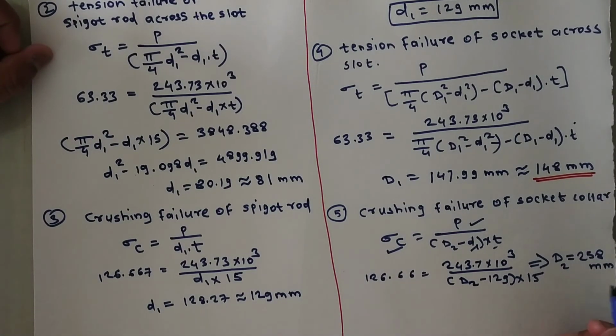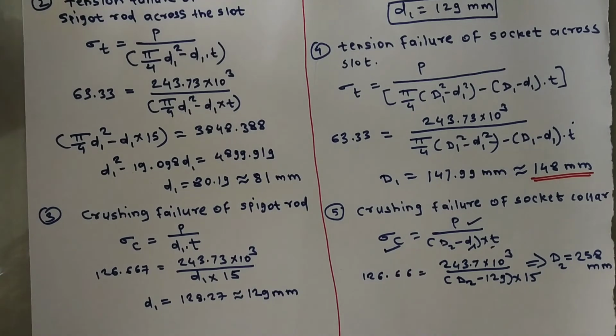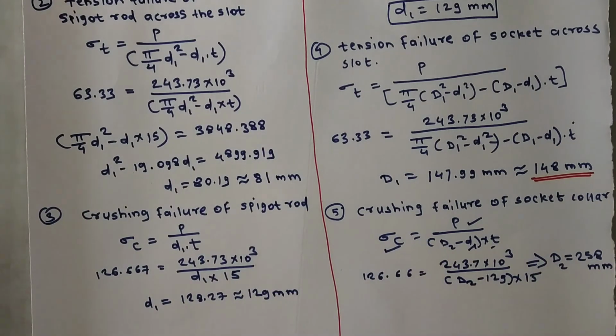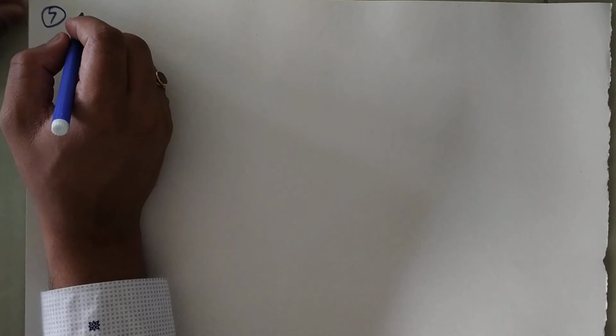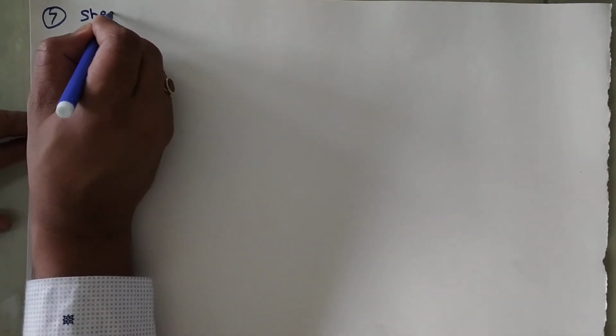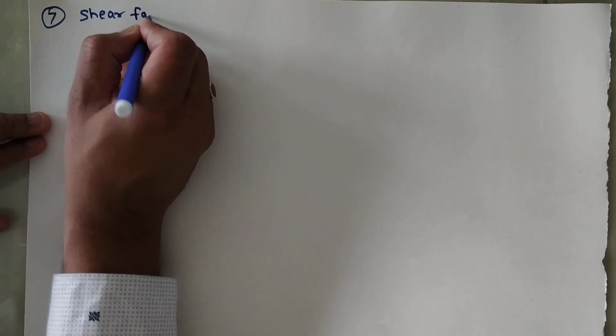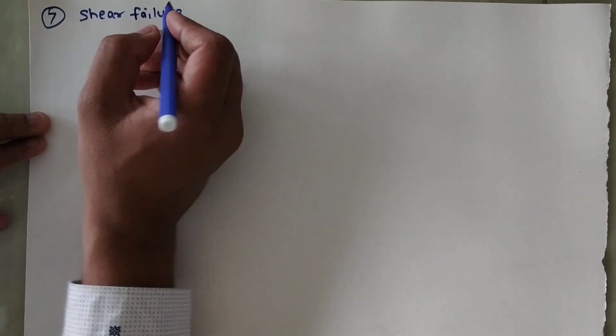Now the last step of this numerical is to find out the thickness of the socket collar beyond the slot. To find this, we will consider as our step 7 the shear failure of the socket end.